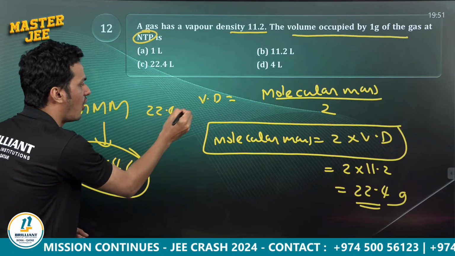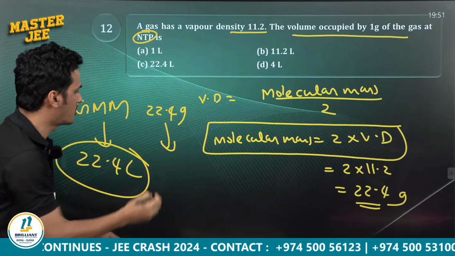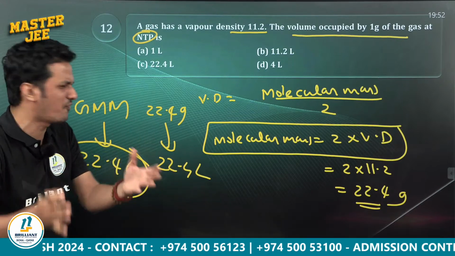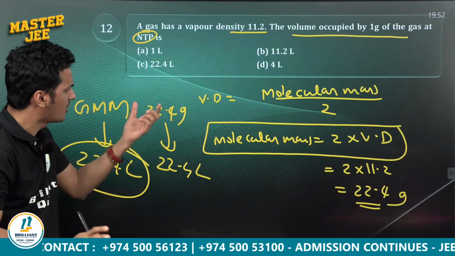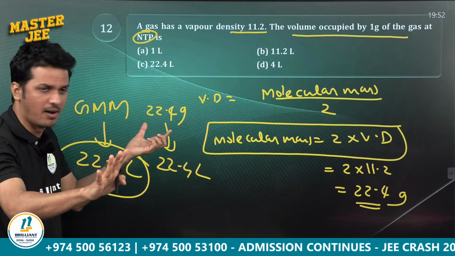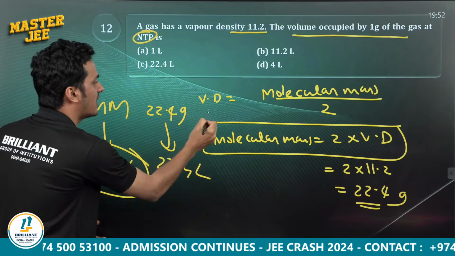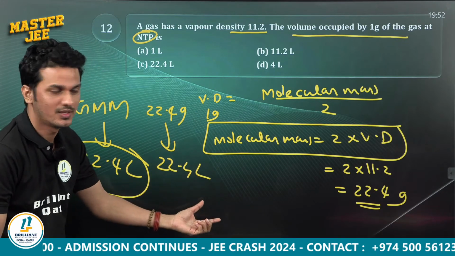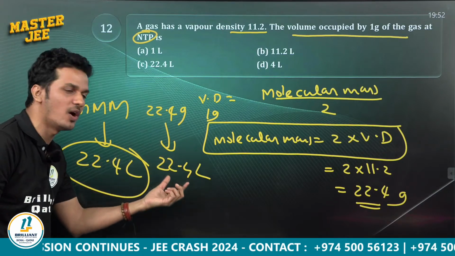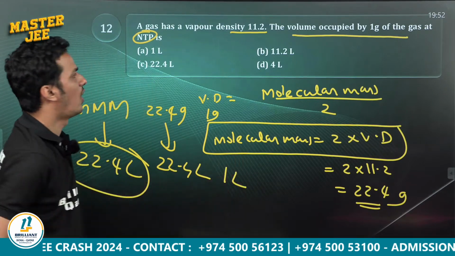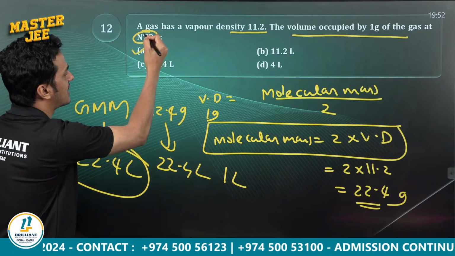So 22.4 gram is 22.4 liter. Both are similar; only to make confusion they are giving such a question. Then if I am taking 1 gram, how much volume? 22.4 gram means 22.4 liter, so 1 gram means 1 liter. So option A is the correct one.